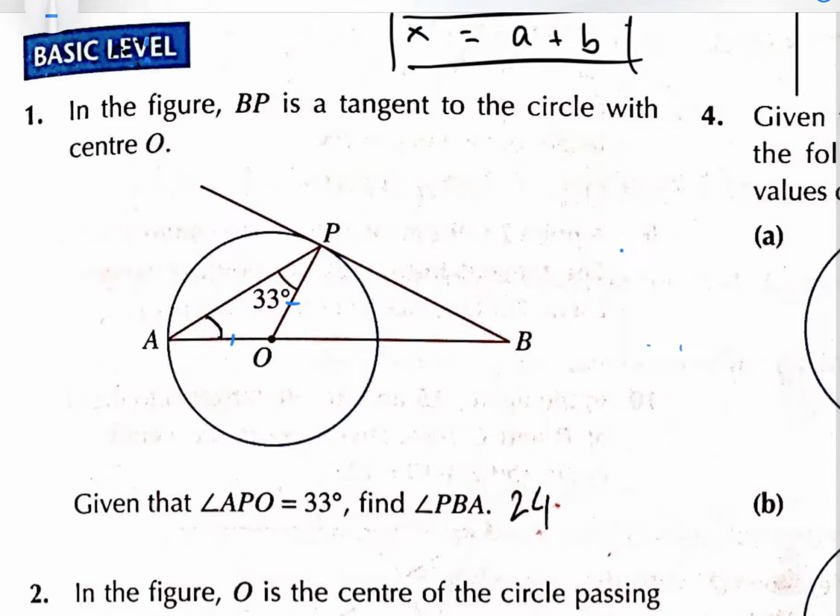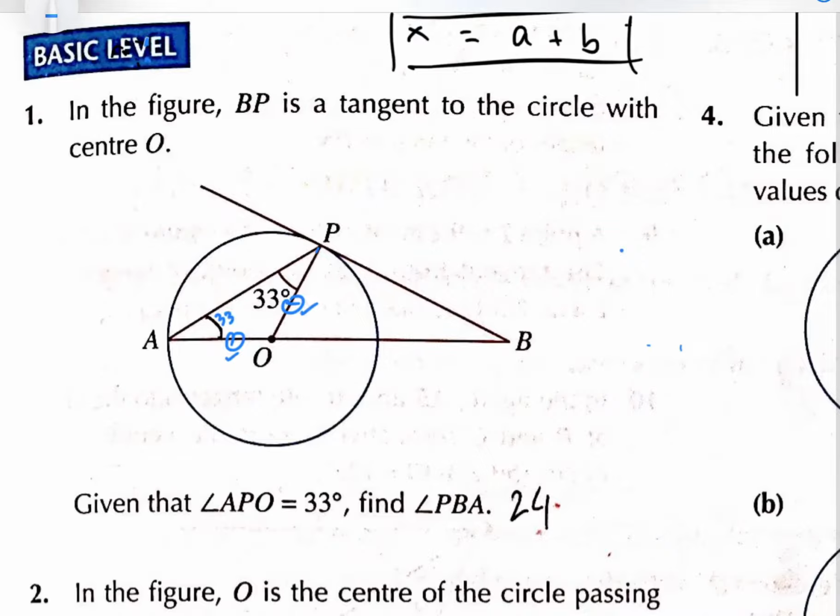By the isosceles triangle theorem, because these two sides are equal, we have an isosceles triangle. AOP is an isosceles triangle. If these two sides are equal, then the angles opposite to these two sides must also be equal.